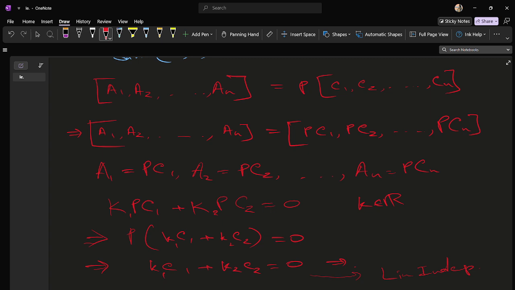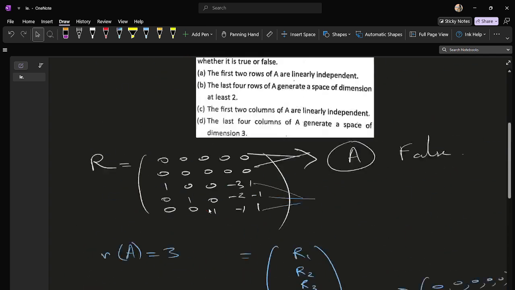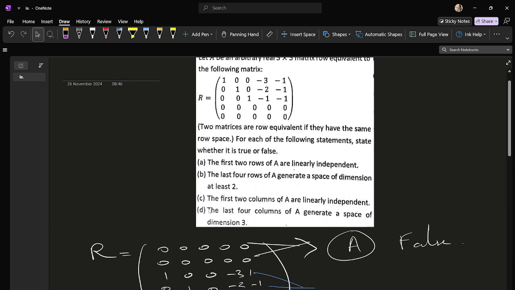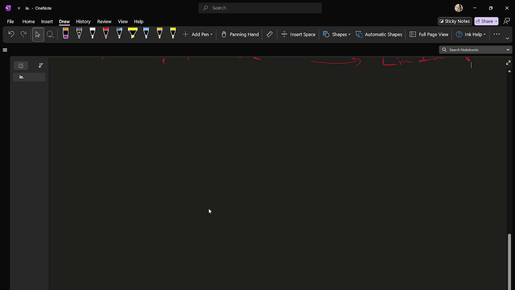Now we have to check option D. Option D tells us the last four columns of A generate a space of dimension 3. That will also be true. Let me tell you in detail. As C3, C2 and C4 are linearly independent, we can see that.